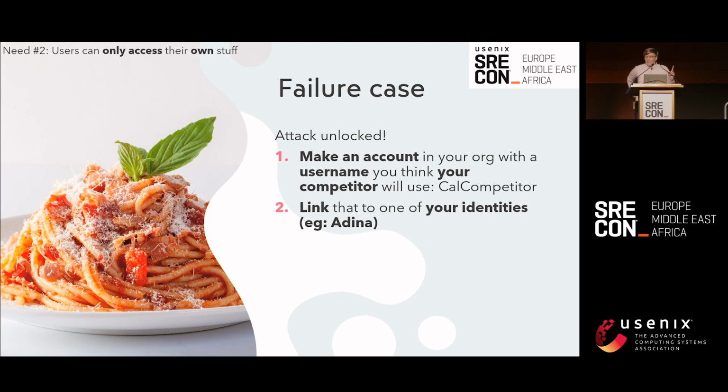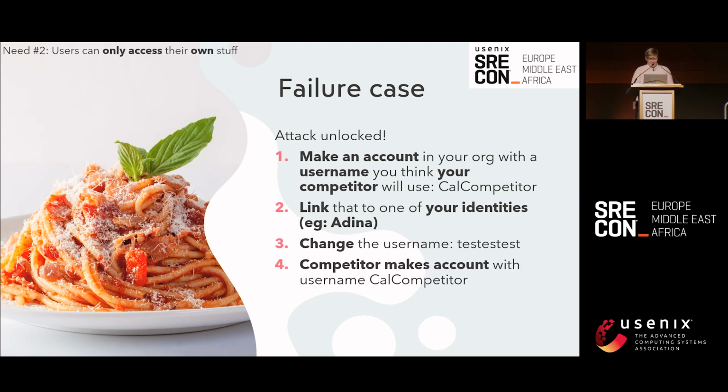So now in that lookup table, you have the Adina identity linked to the username Cal Competitor. I'm going to change the username to test, test, test. Now I can't sign in, but that's okay because Cal Competitor is now available for my competitor to make him an account with. So they've made an account with the username Cal Competitor. The lookup table says the Adina account lets you into Cal Competitor.